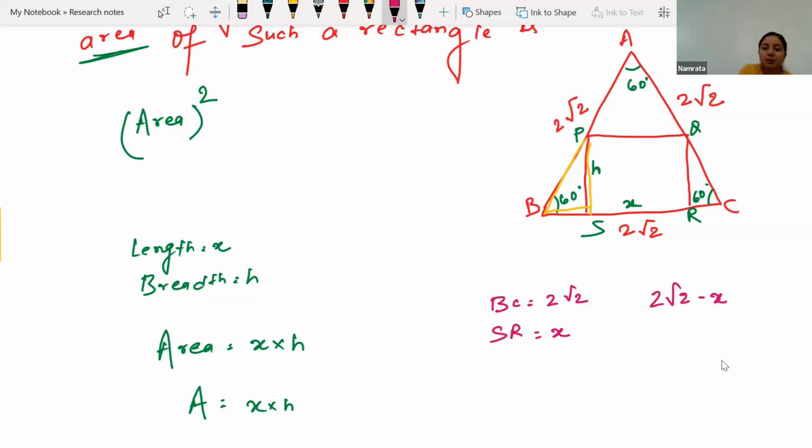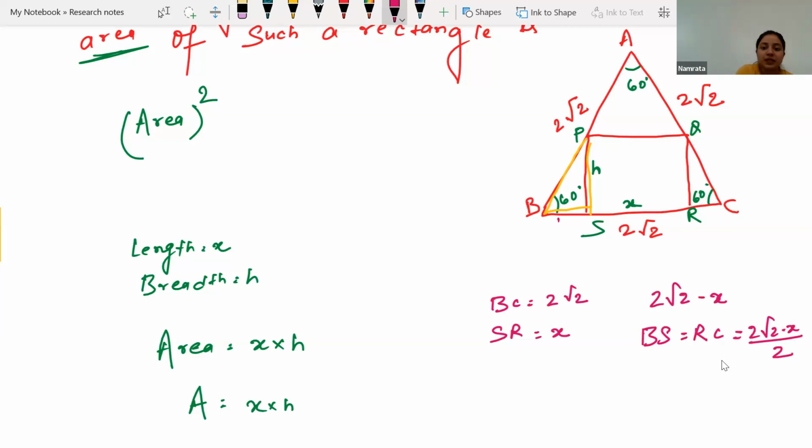So if I am talking about the length of BS or maybe the length of RC, it will be (2√2 minus X) by 2. Okay, half of 2√2 minus X, which is this one and this one combined together. If we take half of that, we will have this part and that part also.